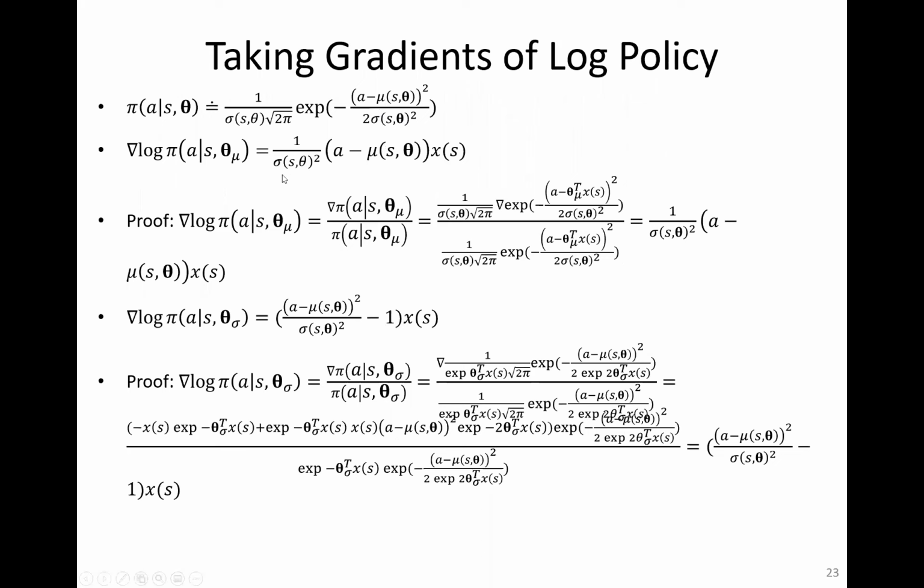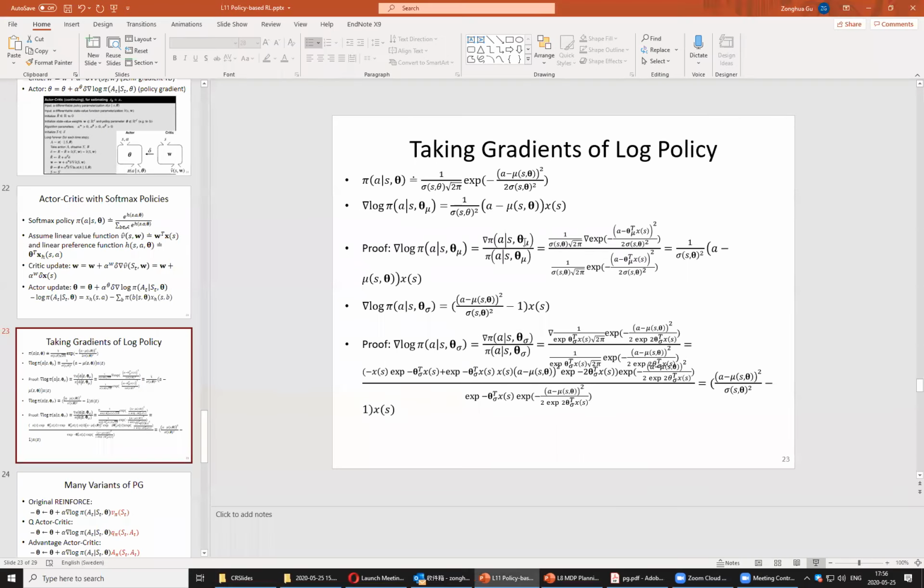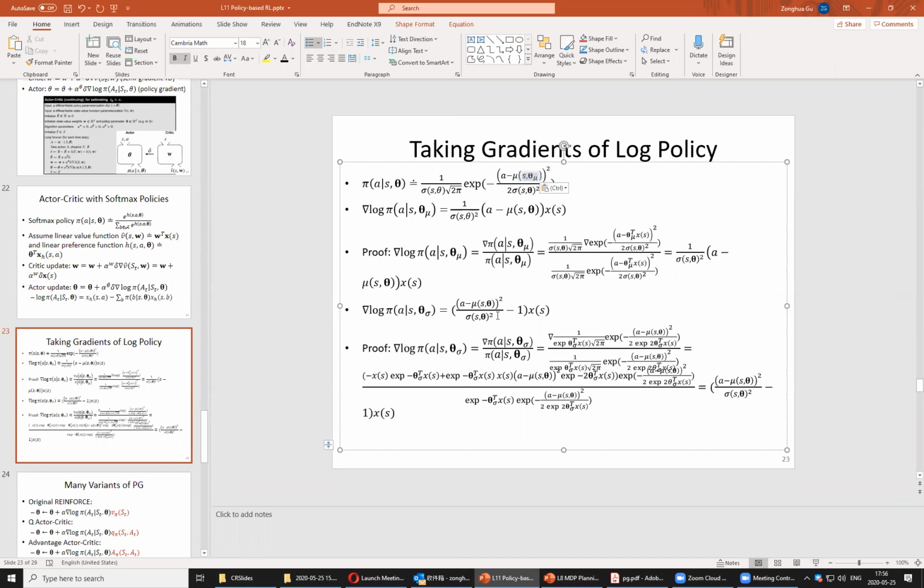So if you take a derivative with regard to theta mu, this is theta mu, and on the bottom you have theta sigma for the variance.